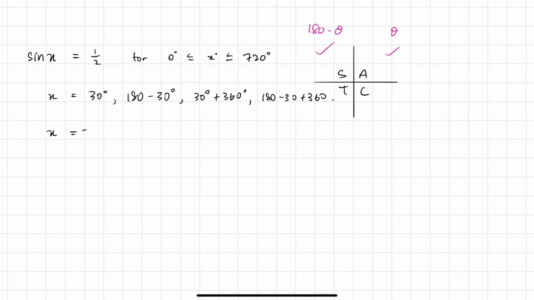So x is equal to 30 degrees, 150 degrees, 390 degrees, and the last one is 510 degrees. So just answer it like normal, and then we're just going to add an extra revolution to each of those answers. Okay, and I'm just going to show you one more.